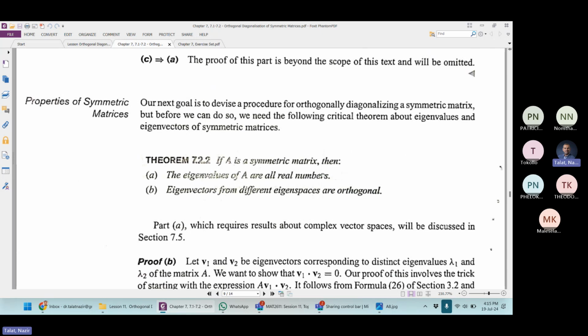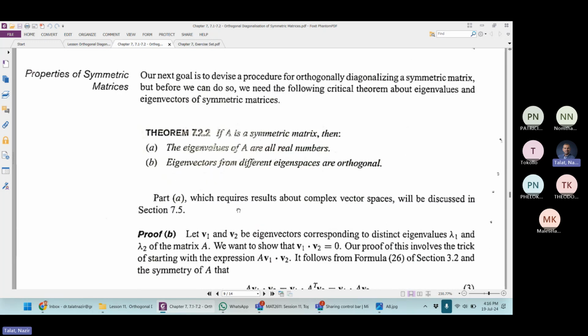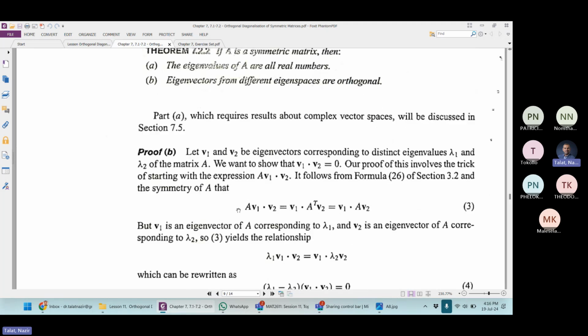If the matrix is symmetric, then its eigenvectors are always orthogonal. It means if you multiply their eigenvectors, you will get their inner product equal to 0 for the distinct ones. And we know that we have a Gram-Schmidt process which we can use to normalize them.